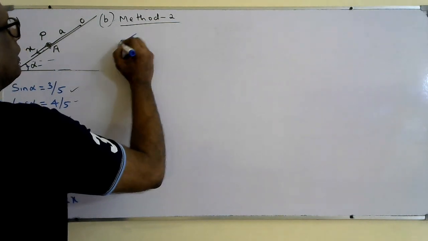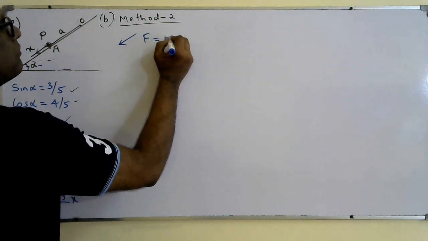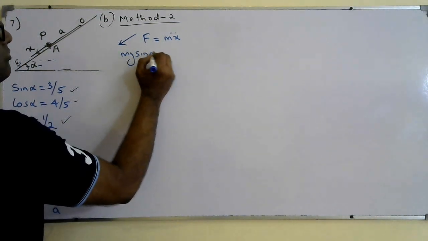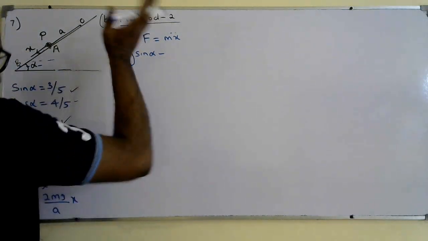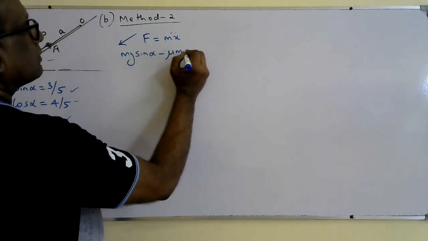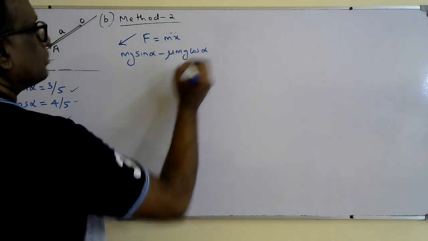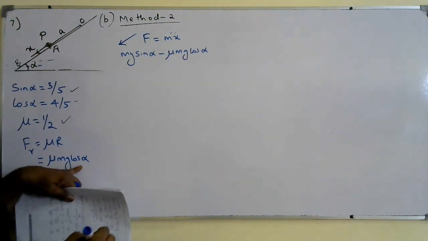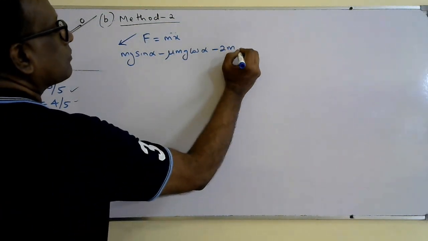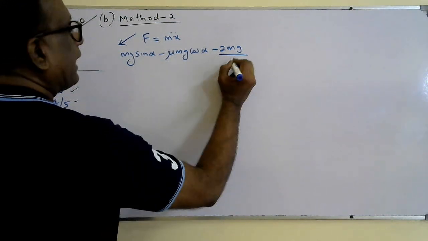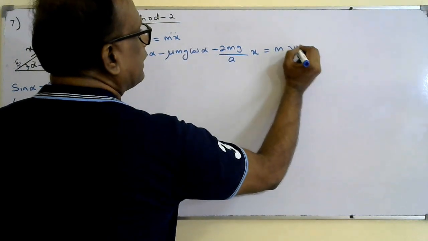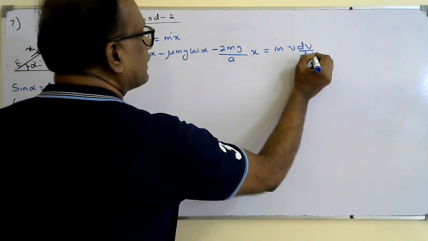Along the plane down, I'm going to use F equal m x double dot. So mg sine alpha minus the friction, that is Fr, that is mu mg cos alpha, minus the tension, that is 2mg over a times x, equal m x double dot, which is m v dv over dx.